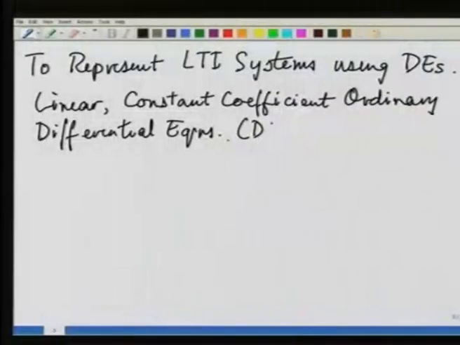For the rest of the lecture and for all of the future, when I mean a differential equation, I will simply mean a linear constant coefficient ordinary differential equation, simply abbreviated to DE. What is the general form of this particular kind of differential equation?